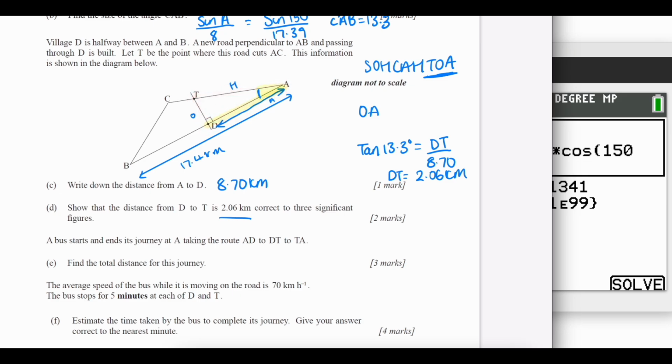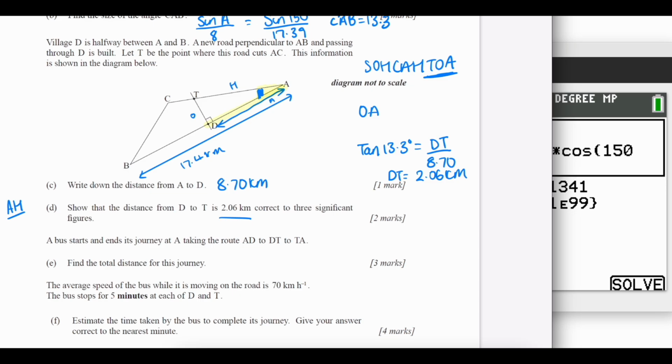So again, I could just use my SOHCAHTOA to find the missing side that I'm looking for. Again, this is my angle, and so I'm still having the labels exactly how I've already set them up. But this time I want to find the hypotenuse. And again, I already have the adjacent. So this time I'm going to use cos.